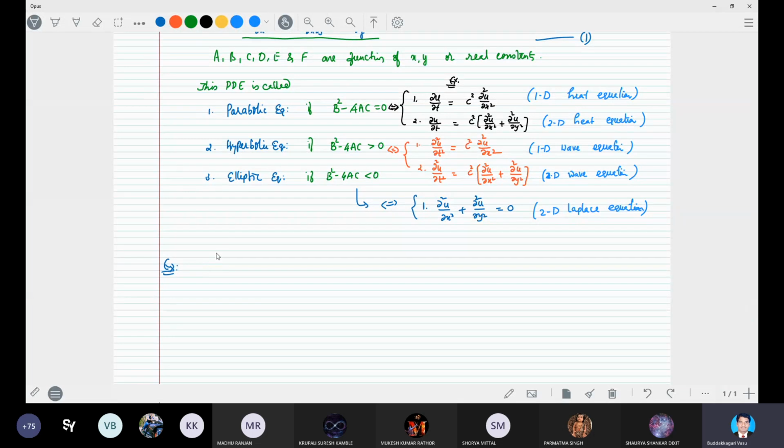Let us consider the given equation and classify it: ∂²u/∂x² plus 3 ∂²u/∂x∂y plus ∂²u/∂y² is equal to 0.